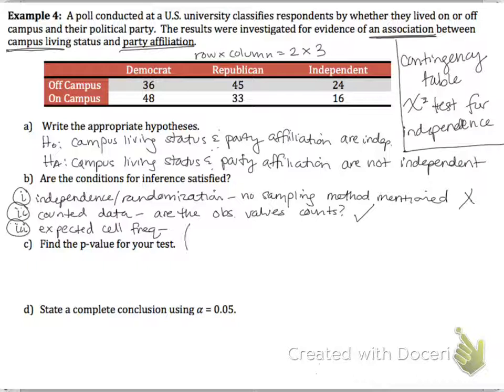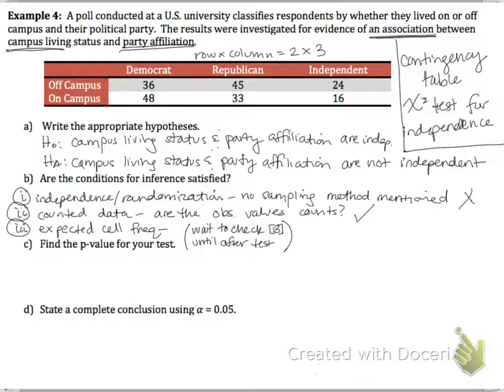We're actually going to wait to check matrix B until after the test. So the third condition, expected cell frequency, actually cannot be checked until after this test has been completed, the way that we use our technology.